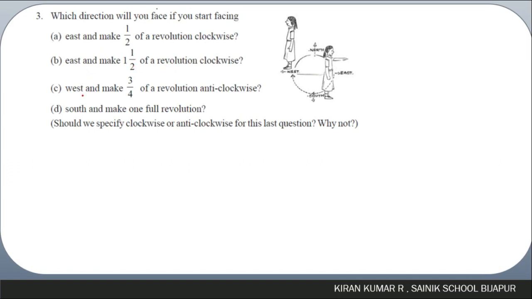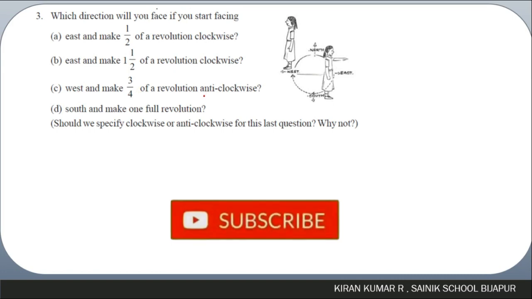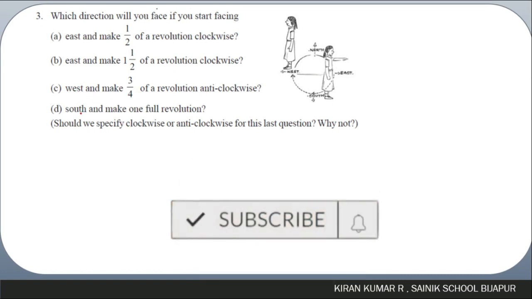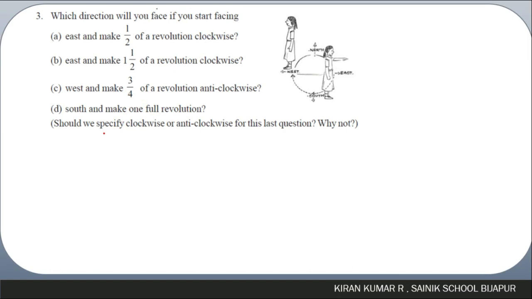Next is start facing west and make 3/4 of a revolution anti-clockwise. Fourth one, start facing south and make 1 complete revolution. Should we specify the clockwise, anti-clockwise for this last question? Why or why not? Let's answer this with the directions.